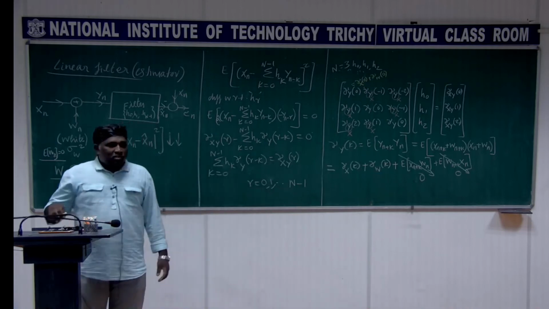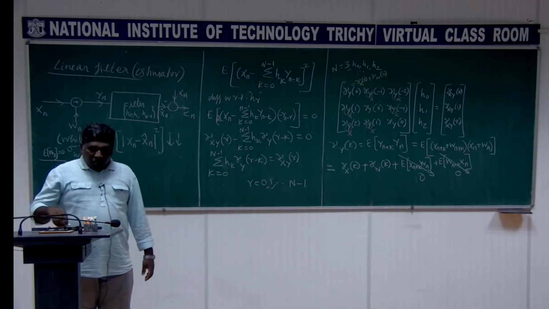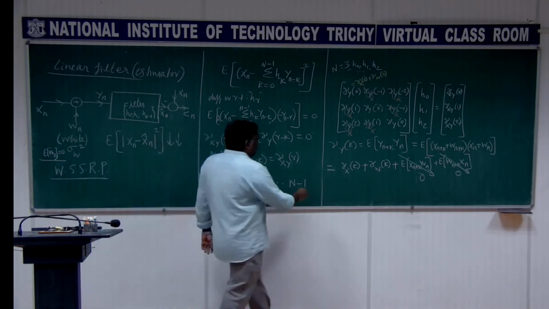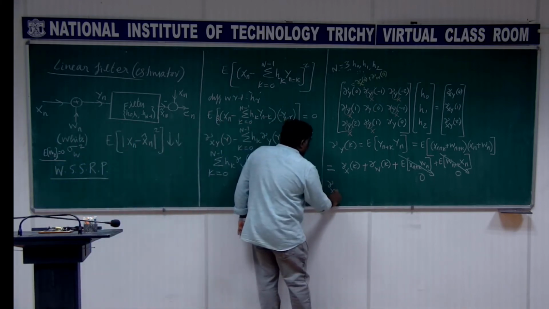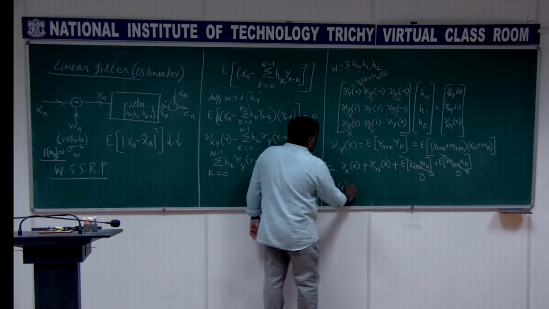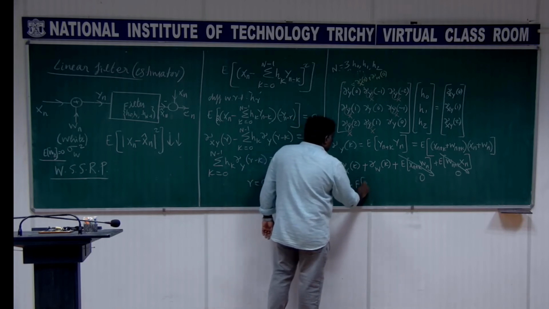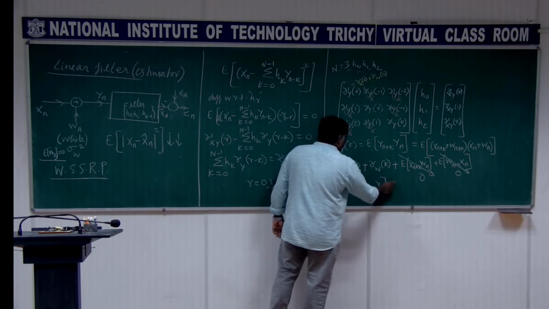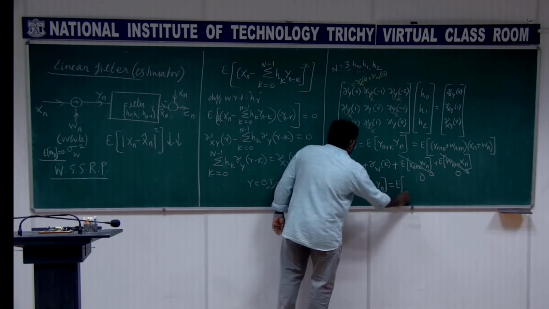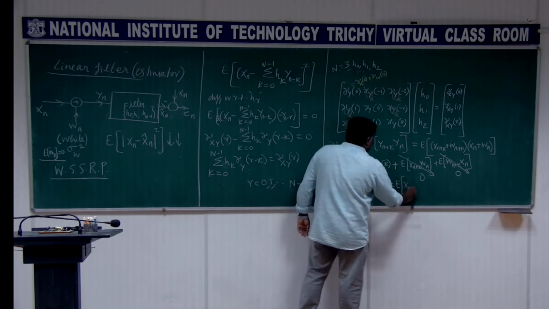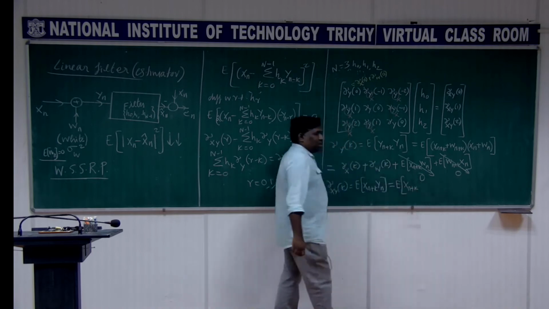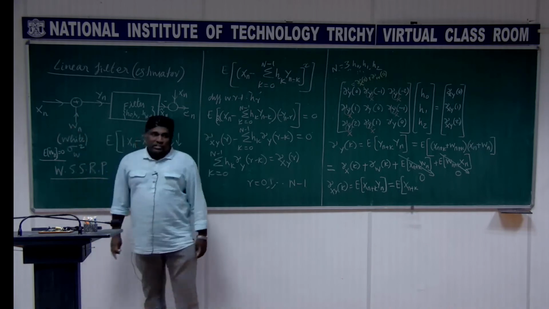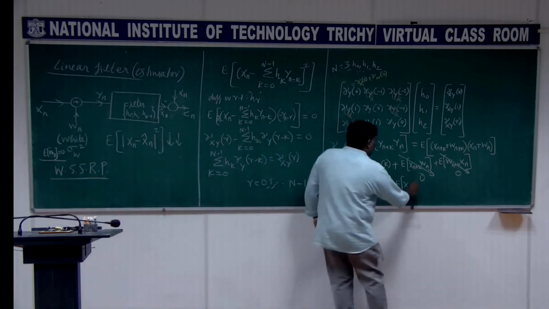And coming to the right hand side, gamma xy of k, which is the expectation of xn plus k yn. Further I can write xn plus k, and in place of yn, simply xn plus wn.